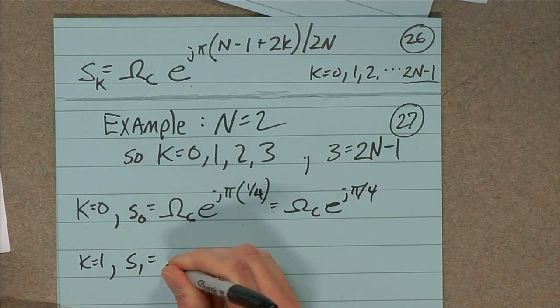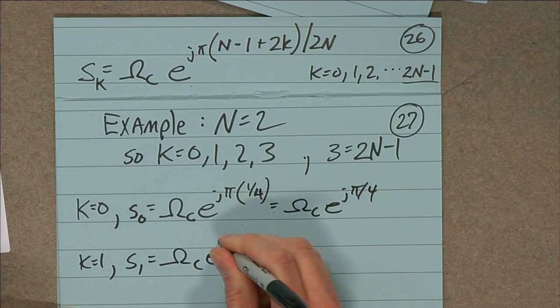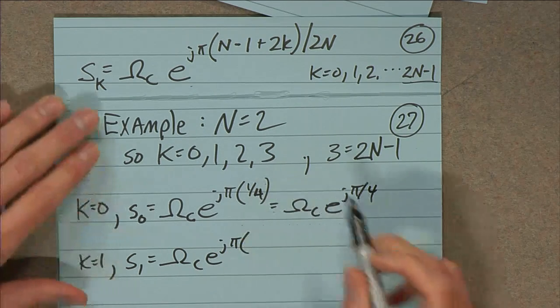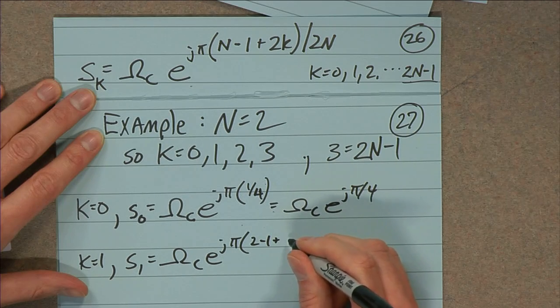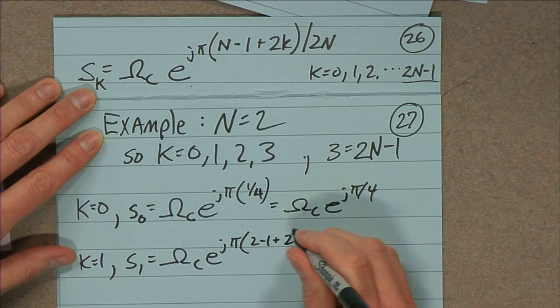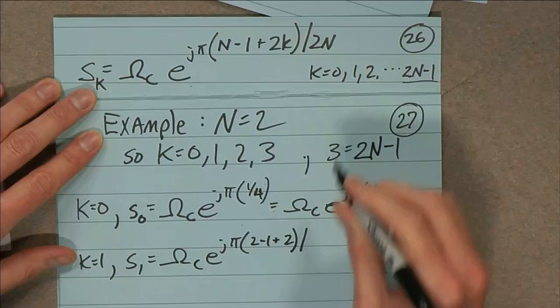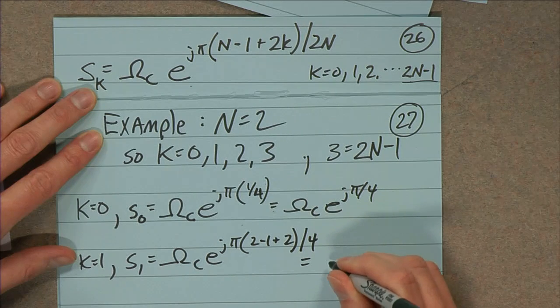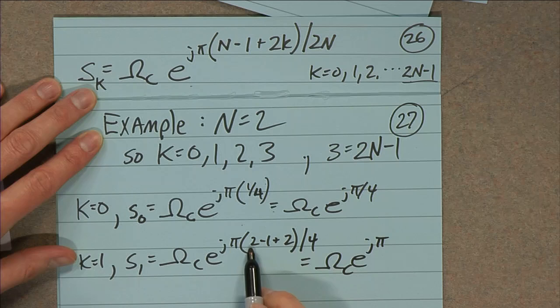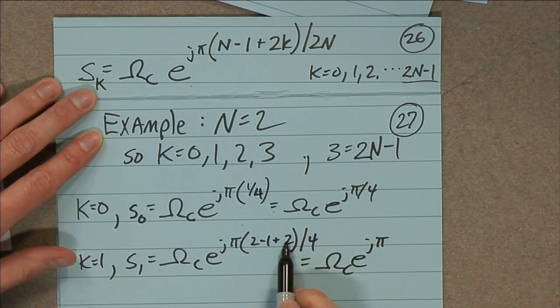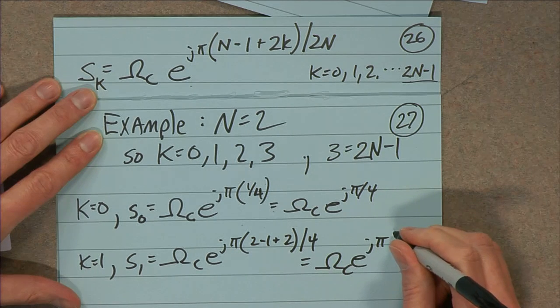K equals 1. We get e to the j pi, and n is still 2. So 2 minus 1 plus 2 times k. K is 1, so we got that, divided by 2 times 2 is 4. So we end up with omega c e to the j pi. Now what's happening? 2 minus 1 is 1, plus 2 is 3, so we got 3 over 4.